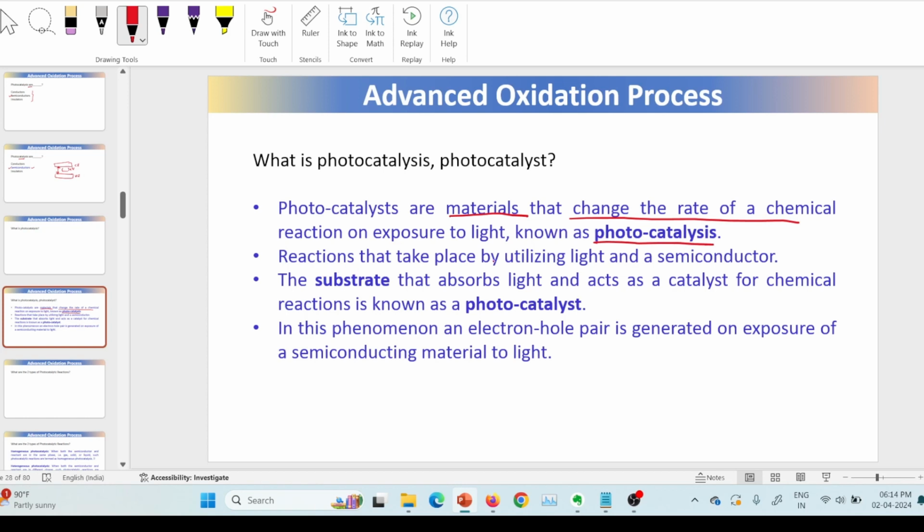Reactions that take place by utilizing light and a semiconductor. The substrate that absorbs light and acts as a catalyst for chemical reaction is known as photocatalyst. In this phenomenon, an electron-hole pair is generated on exposure of a semiconducting material to the light.